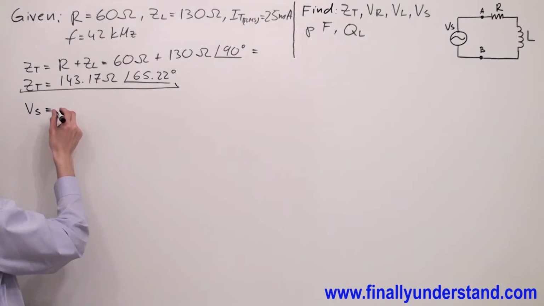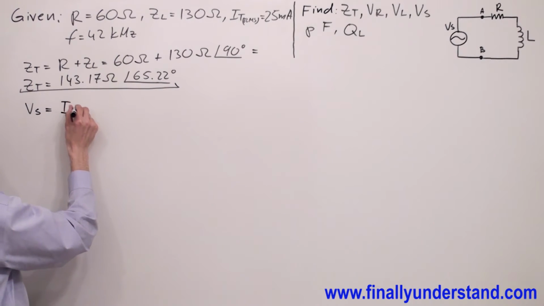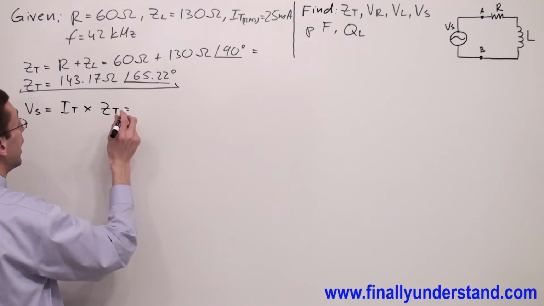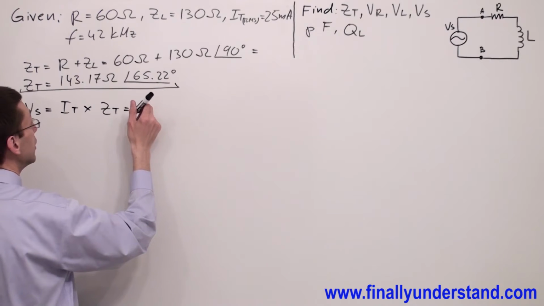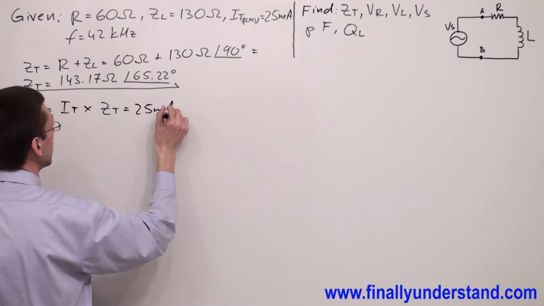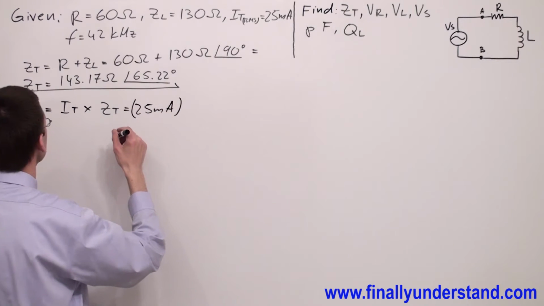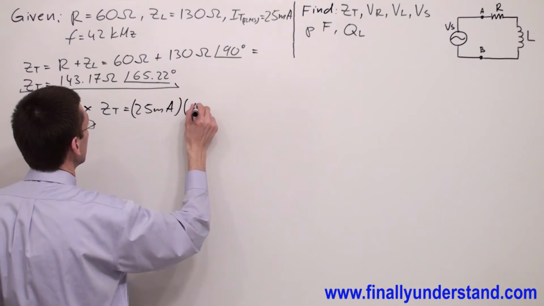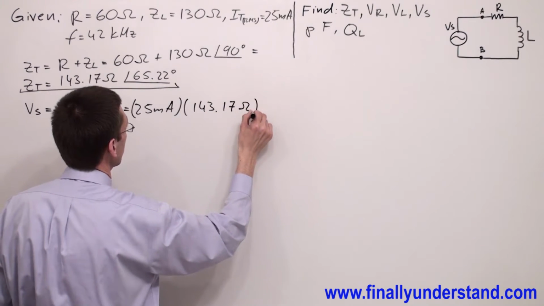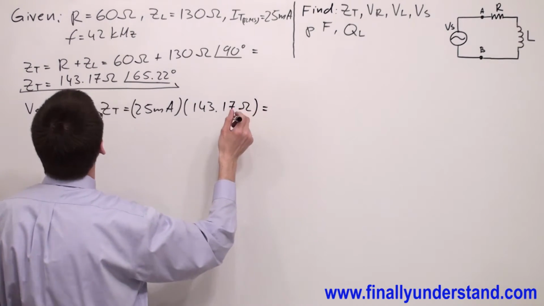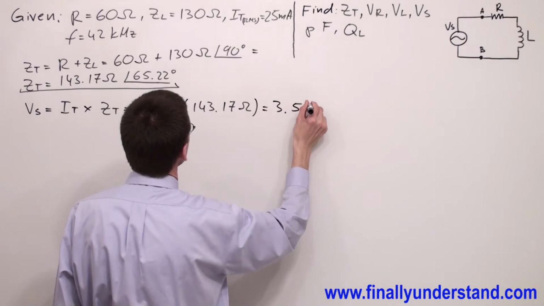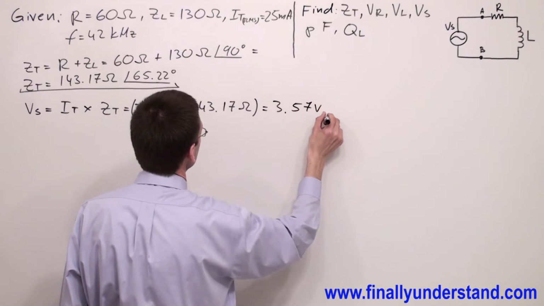Voltage source is equal to I total times Z total, where I total RMS is given as 25 milliamps, times Z total, which is equal to 143.17 ohms, is equal to 3.57 volts.